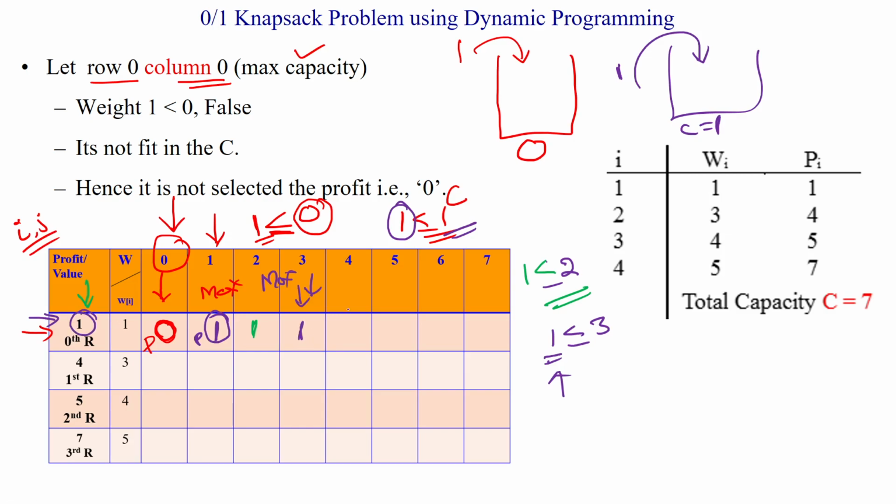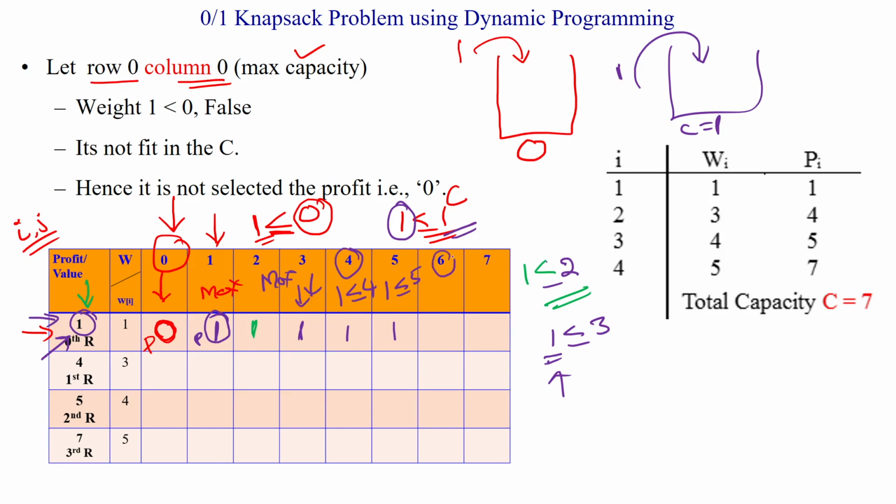Like that, for the fourth column, 1 is less than or equal to 4, it is true, so you can select, and the profit is 1. Like that, the item weight is 1, the maximum capacity of the cell is 5, so it is also possible to select. If you select this item, the profit value is 1.